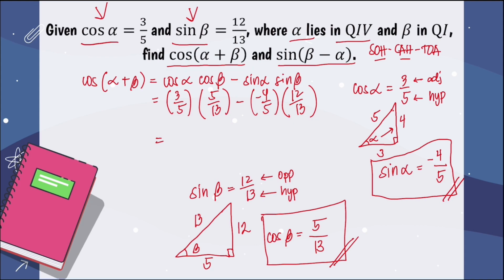And then all you have to do now is just simplify. So this is 15 over 65 and then negative, negative. So this will become positive 48 over 65. And then all you have to do is add. So we have 63 over 65 as the final answer. So that will now be the value of our cosine of alpha plus beta.